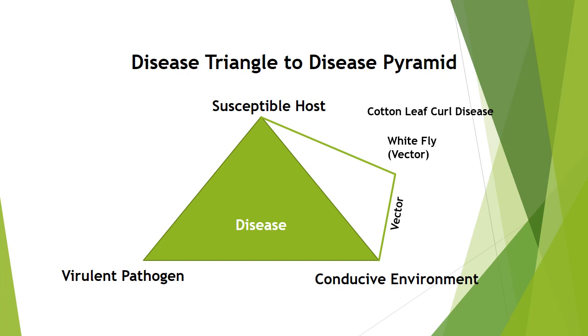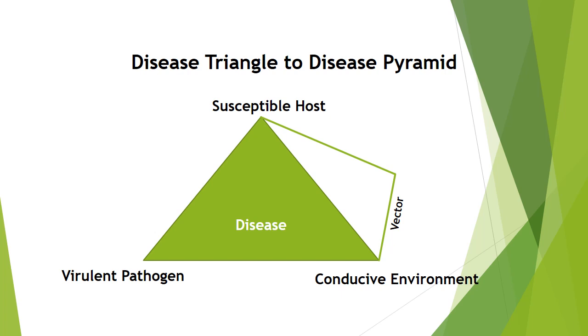So basically, now we have covered most of the things about why and when disease occurs, and everyone agrees with it. But still, there are people who say that when we are promoting the disease pyramid, we shouldn't.